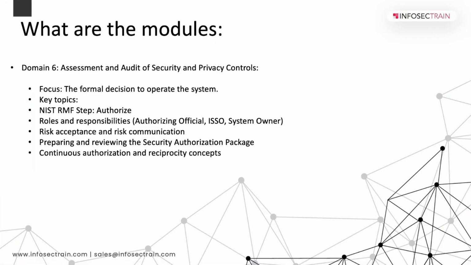Once the assessment report has been received, the authorizing official, information system security officer or system owner reviews the report. They are going to provide the accreditation to implement this system in the production environment.